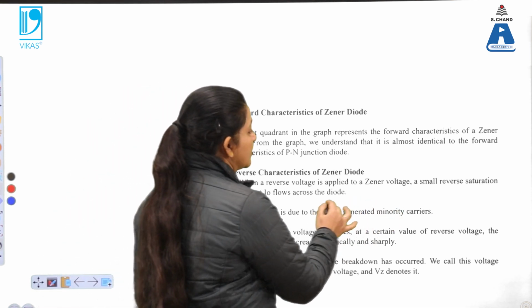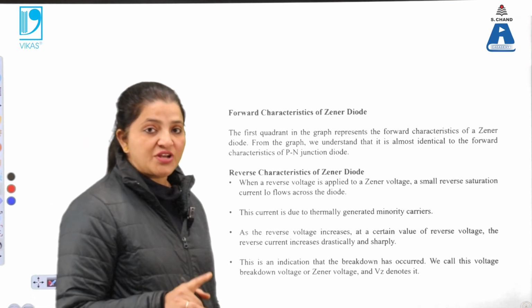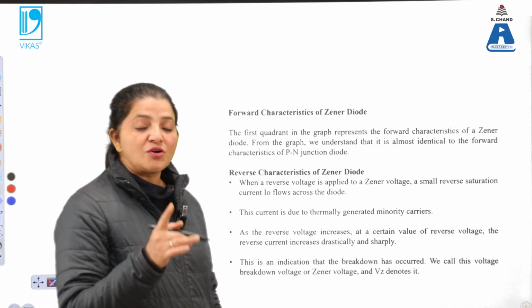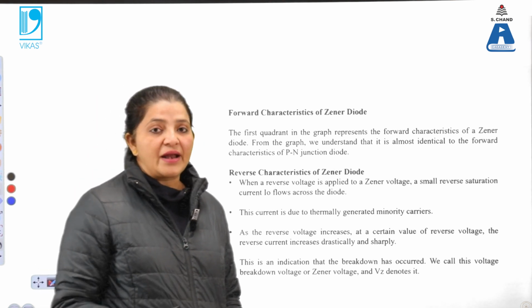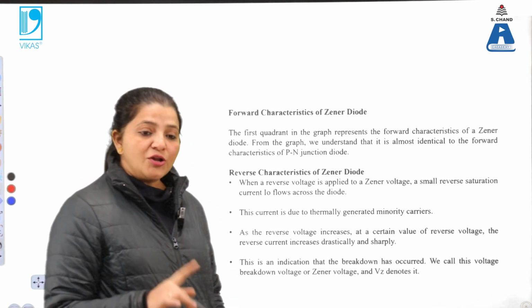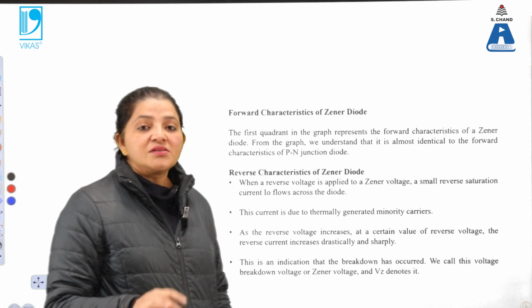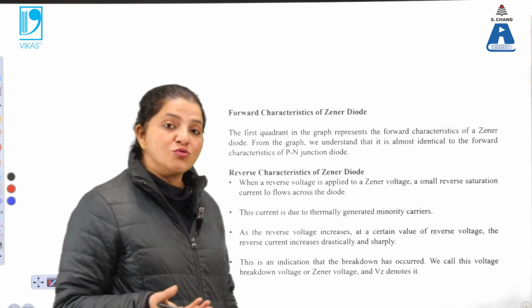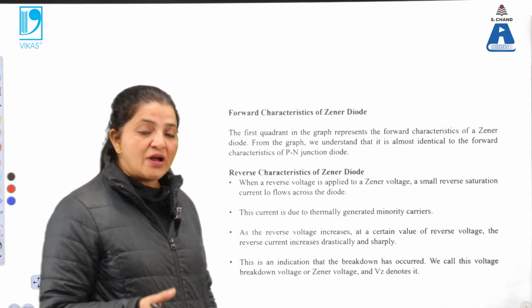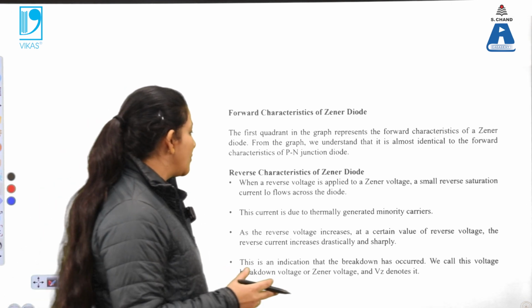But in the case of the Zener diode, due to the presence of a large amount of charge carriers and their drifting, the charge carriers collide with their parent atoms, and due to these collisions almost double the charge carriers are produced in reverse biasing, and due to that the current is enhanced. So the current will be very large.